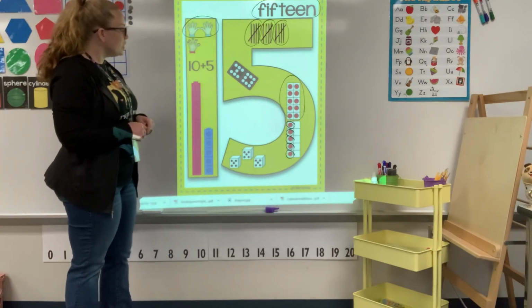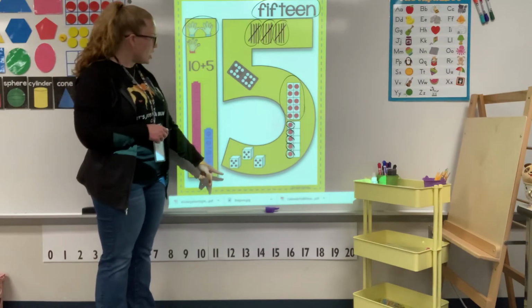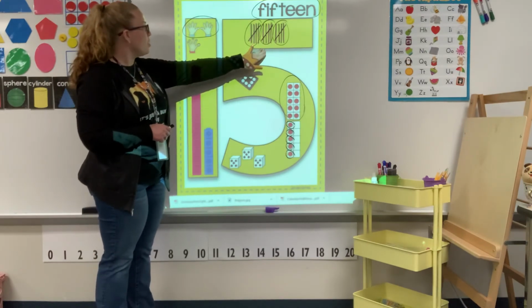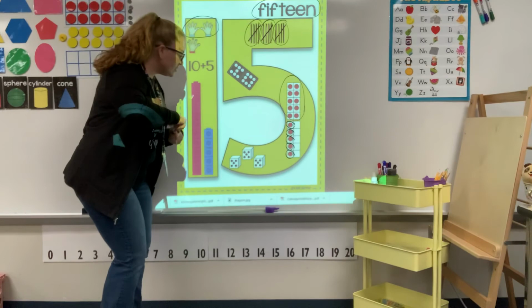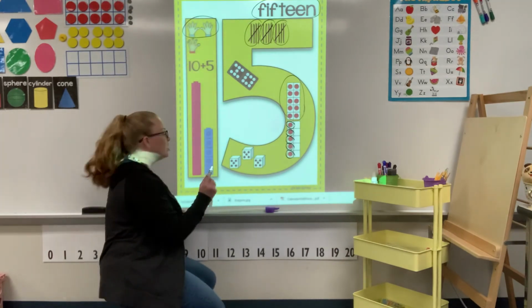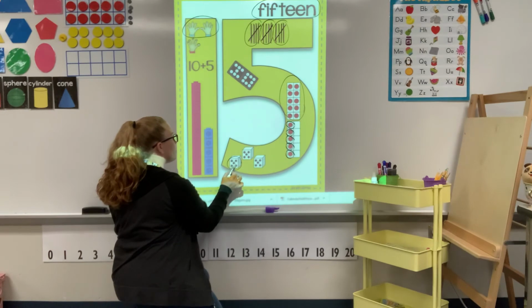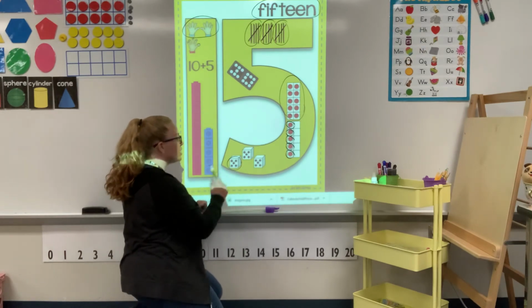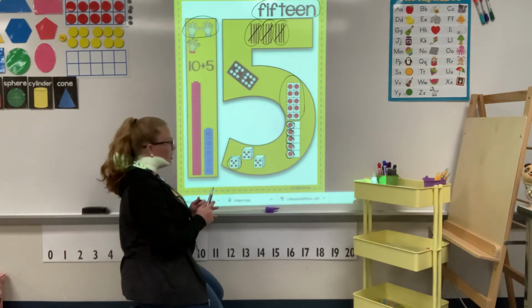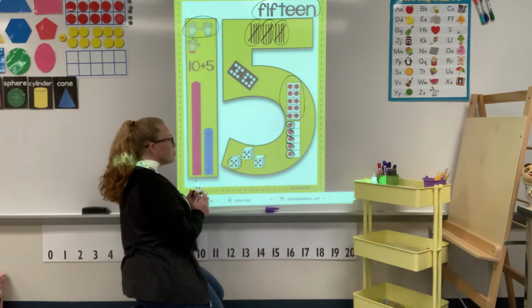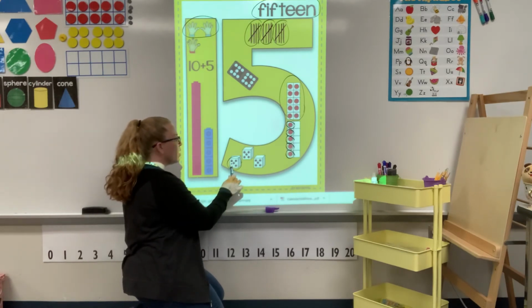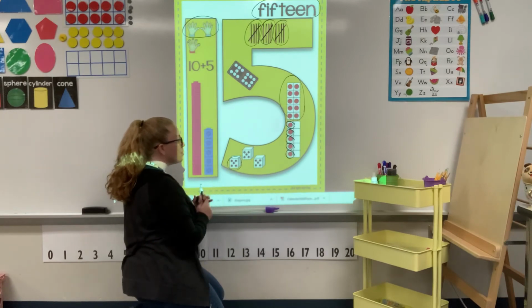All right, last one we're going to look at is our dice. So similar to the tally marks and the hands, we have sets of 5. So we have 5 because we have 1, 2, 3, 4, 5. Remember how I said whenever I see the dots that look like this, I know it's the number 5. 5 will have 2 on top, 2 on bottom, and 1 in the middle. So I know that's the number 5.